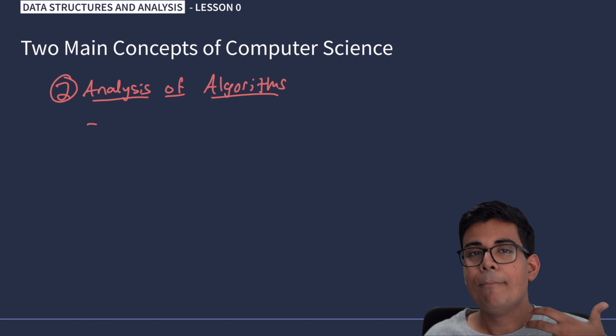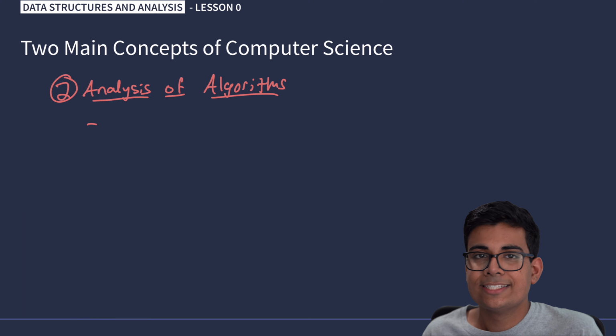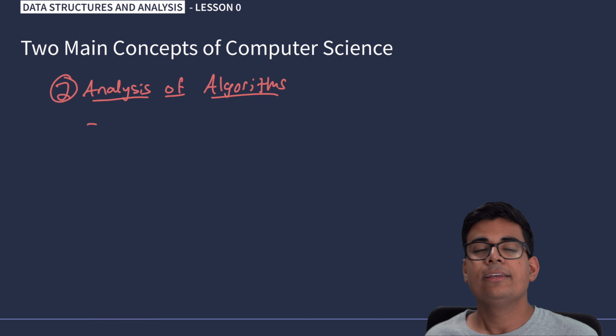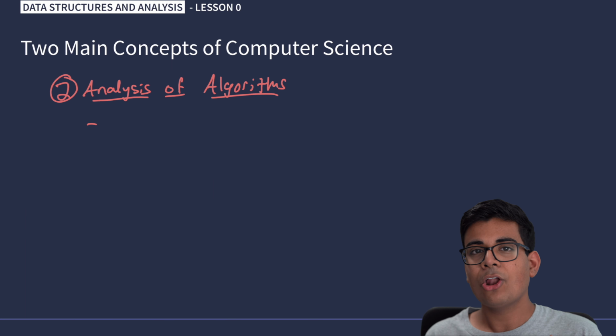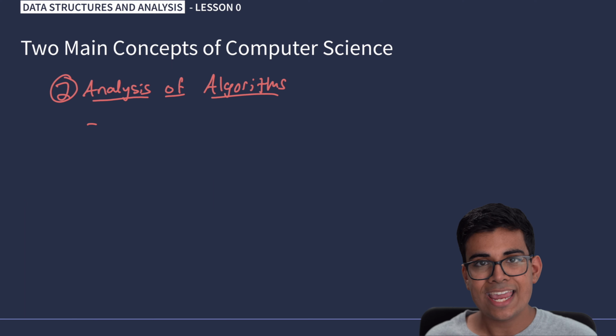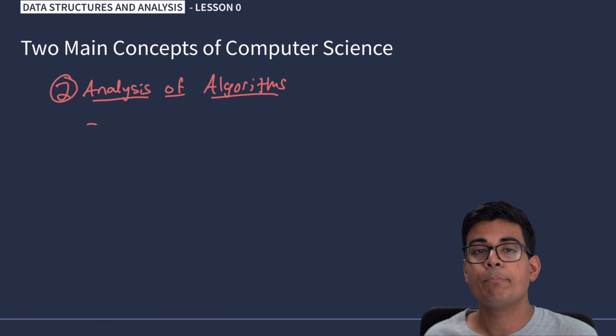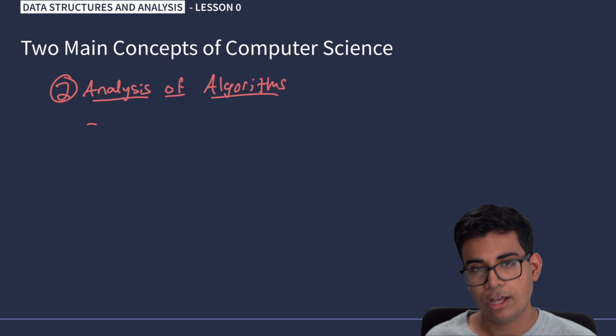You can have many algorithms that kind of do the exact same thing. You can write a solution to a certain problem in many different ways. However, not all of these solutions are the same, right? Some solutions are generally better than others, more efficient than others, right?